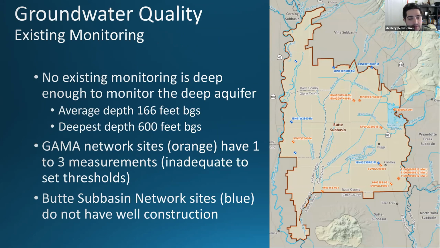So there is no existing monitoring that is deep enough for the deep aquifer. The average depth of most of our wells is around 166 feet. The deepest depth is around 600 feet. The GAMA network sites, which are presented on this map in orange, really only have 1 to 3 measurements of historical data that we have used to help us set some preliminary thresholds.